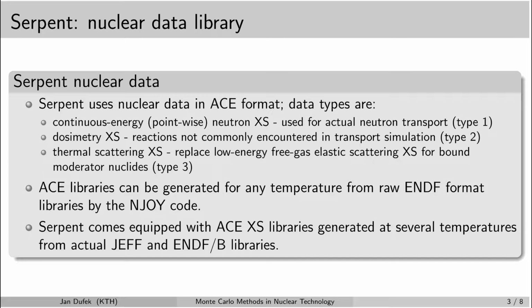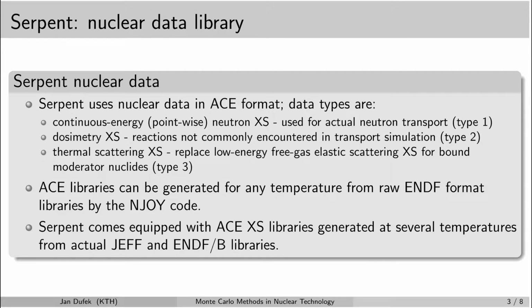Apart from this type 1, there are two other types of data. The type 2 data, we are not going to need, this is just for the dosimetry calculations, but we are going to use the type 3 data, which describe the thermal scattering cross-sections.